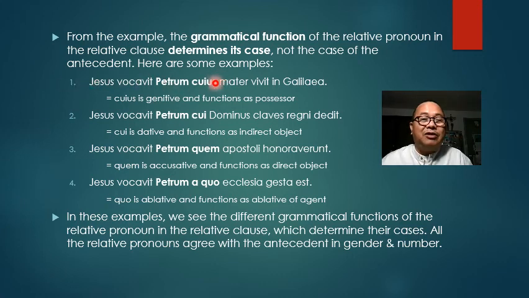So you can see here: cuius, possessor; cui, indirect object; quem, direct object; quo, ablative of agent. Those are the grammatical functions of these relative pronouns in their relative clauses. So we can see that the answer to the question is that the case of the relative pronoun will depend upon its grammatical function within the relative clause.